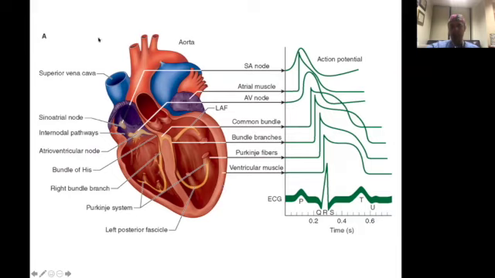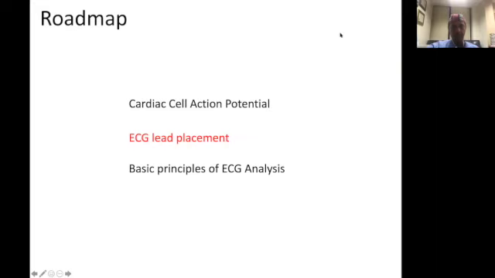So what happens is for one cardiac cycle, when you add up all these action potentials, you will get what we know as the PQRST. And that's how it's represented on the EKG. Okay, so hopefully that was clear from the lecture. So we're going to talk about lead placements.